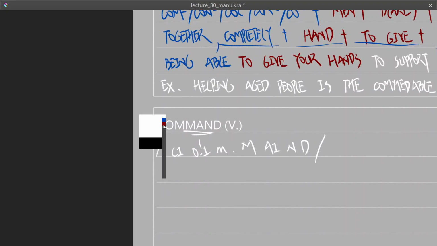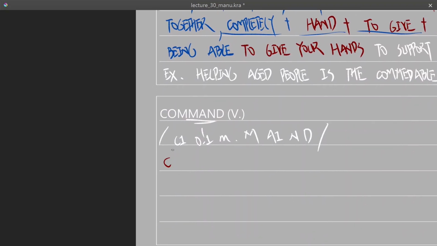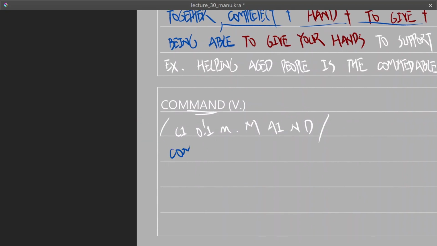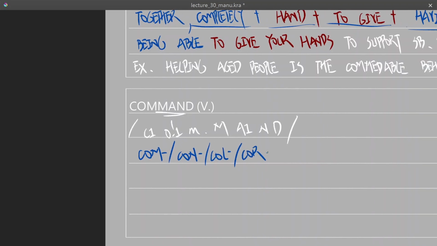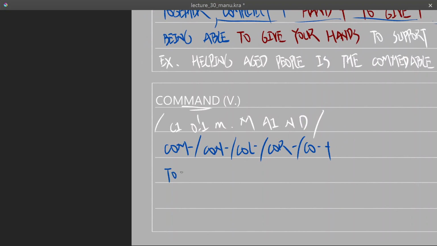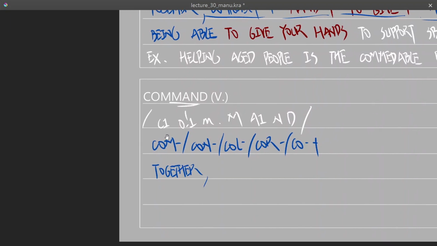Again, we have the prefix com, C-O-N, C-O-L, C-O-R, or co, meaning together or completely, as an intensifier.